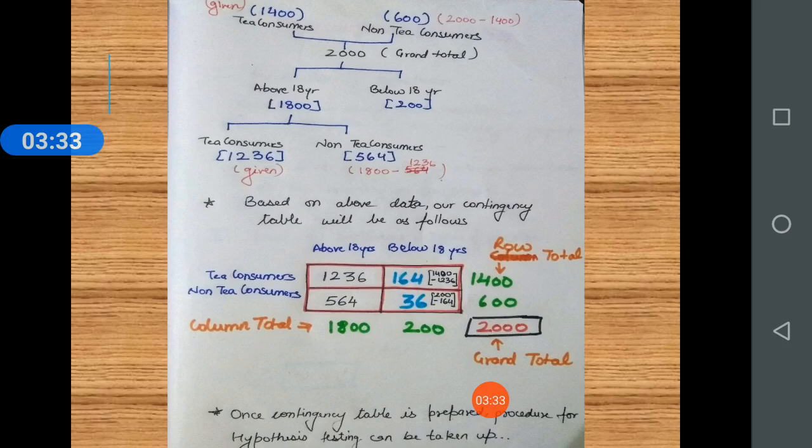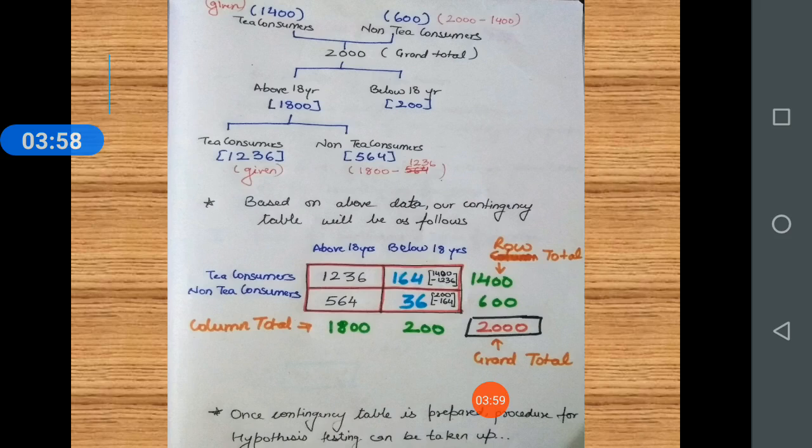Now how to prepare the contingency table? For this, first of all, we'll draw a 2 by 2 table. On the row side, we will take the tea consumers and the non-tea consumers, and the columns will be above 18 years and below 18 years. Now, the total number of people above 18 years is the column total for above 18 years, which is 1800.